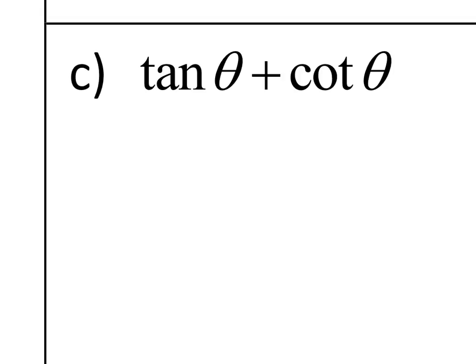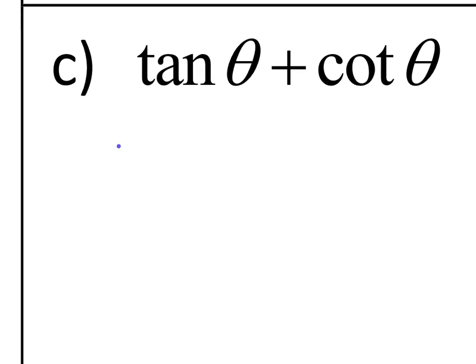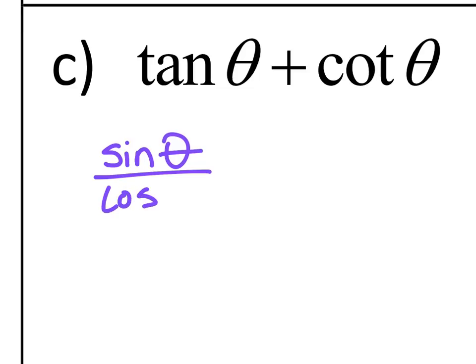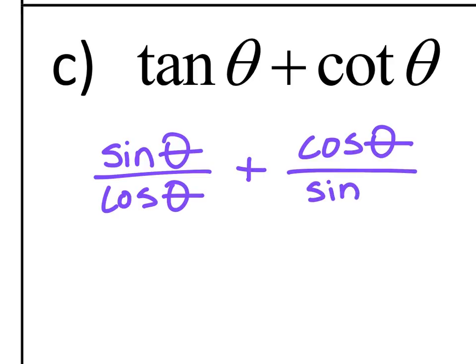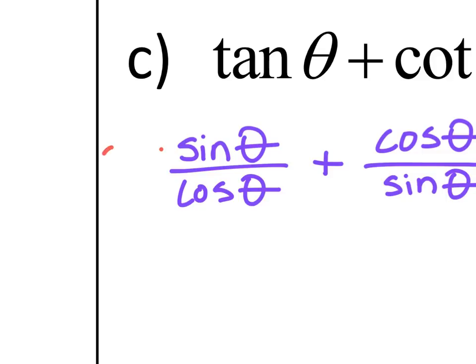Remember that both tangent and cotangent can be written as quotients, where tangent is sine over cosine, and cotangent is cosine over sine. Now, I want common denominators, and so I'm going to multiply the first fraction by sine of theta over sine of theta.